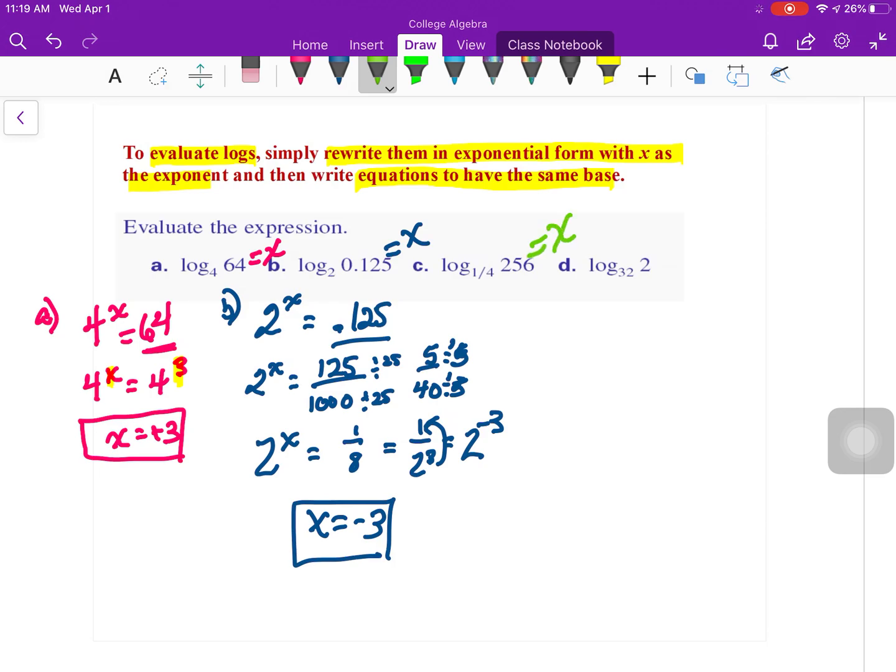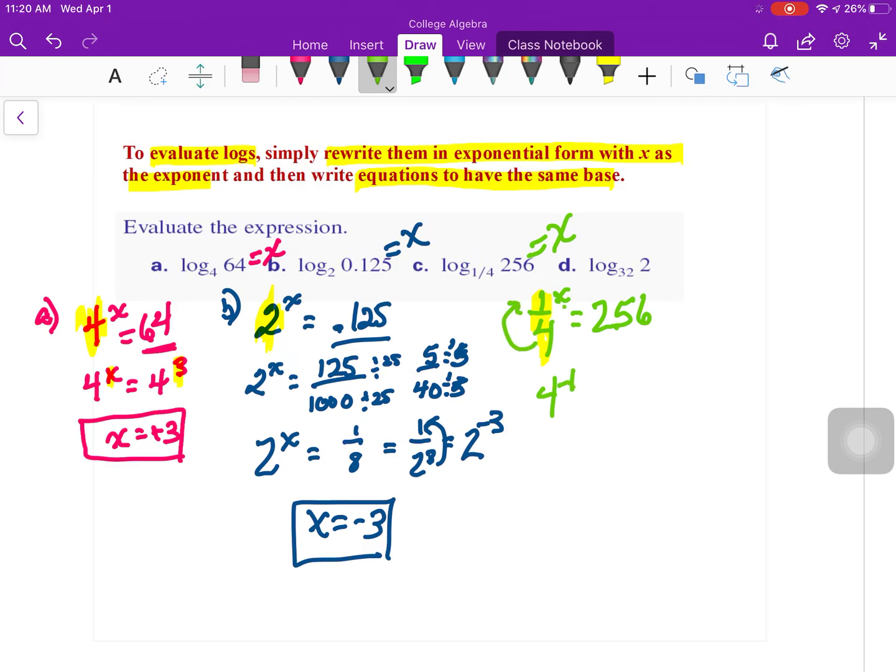Let's try the next one. (1/4) to the x equals 256. Well, notice on these previous ones, my base was not fractional. It was always a whole number. So how can we change 1/4 to a whole number? It would be 4 to the negative 1.